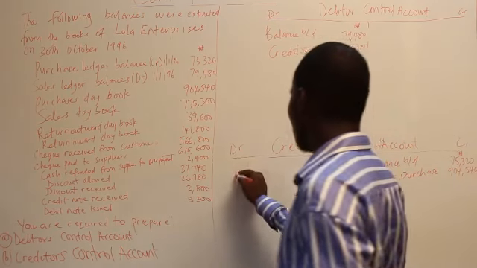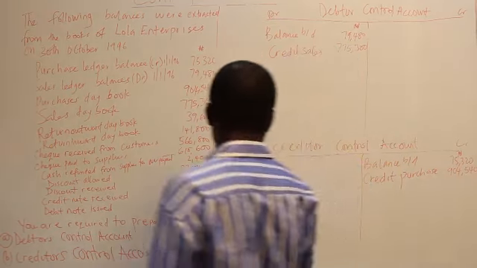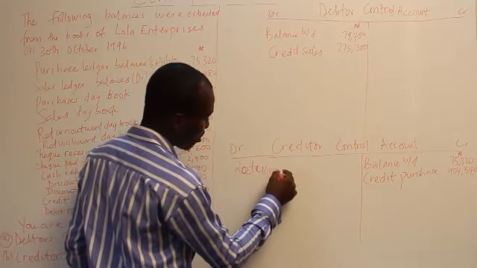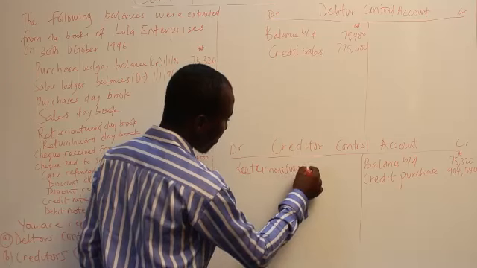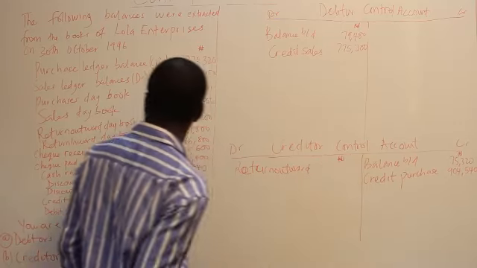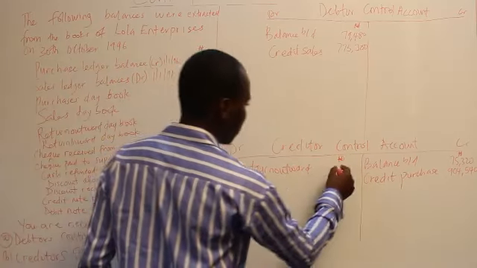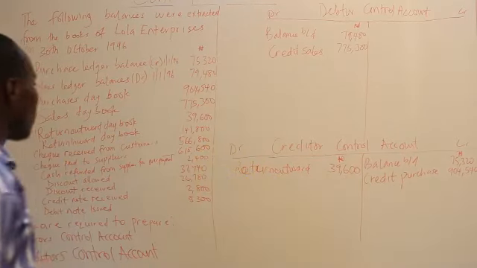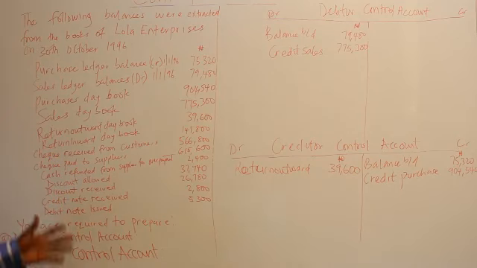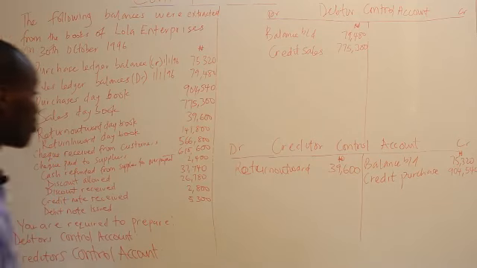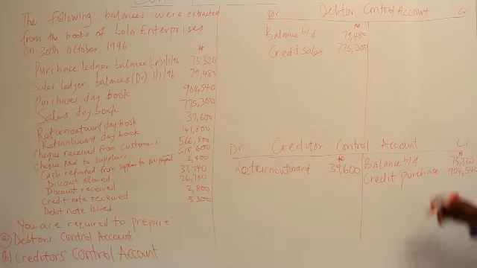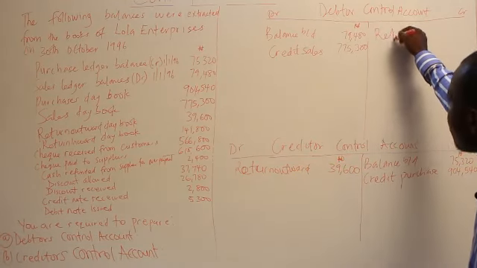So we have return outward here at the debit side of the creditor control account, 39,600. So the next thing is we have the return inward day book. Let's have it as total return inward within the period. That will be taken to the credit side of the debtor control account. We have return inward.